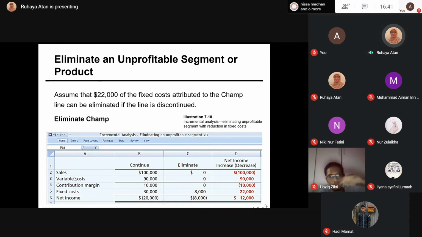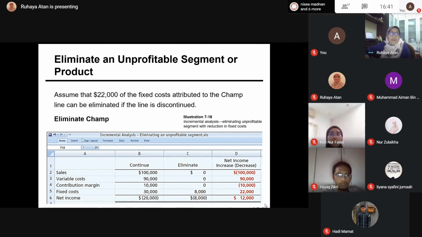But now, what if 22,000 of fixed costs can be eliminated? If we eliminate CHAM, then we don't have these 22,000 fixed costs. We only have 8,000 fixed costs to bear. If you close CHAM, then your analysis will be slightly different.